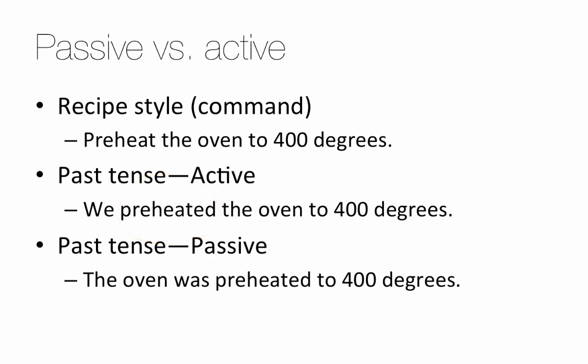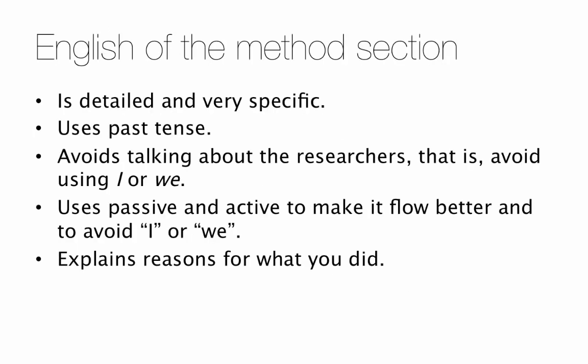Okay, now it's using past tense, preheated. And then the third example here, you can avoid using we by changing it to a passive sentence. Instead of preheated, you say was preheated. The oven was preheated to 400 degrees. Okay, I'll show you some more examples of this as we go into the actual research paper later on.